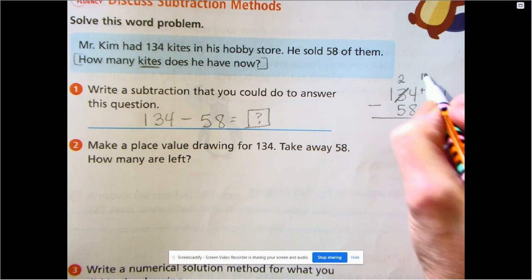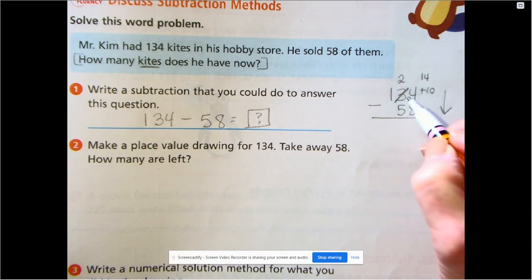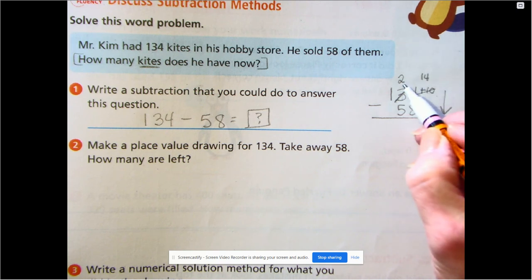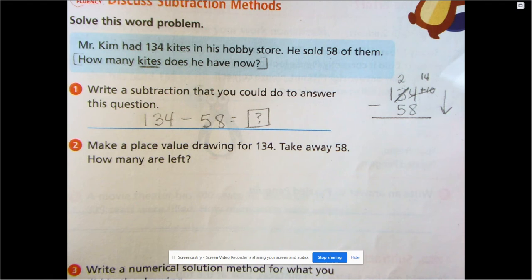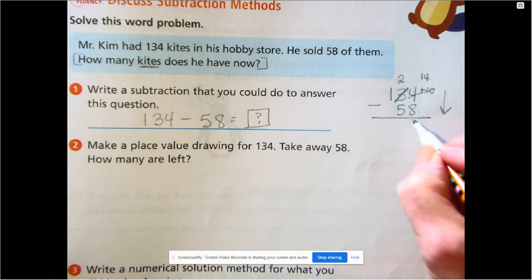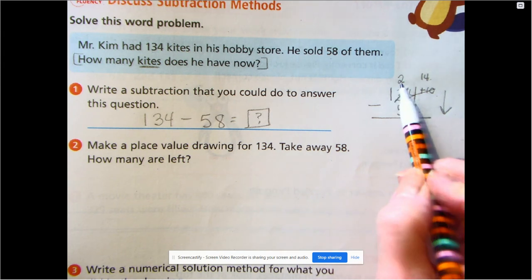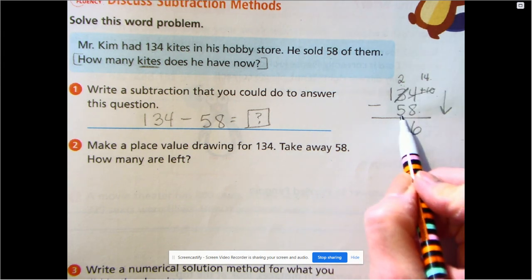So all together, I'm going to have 14. I'm going to cross that off, but I want you to see why I have 14, because I added this group of 10. Okay, now if I have 14, I can take 8 away, and I'm going to be left with 6.